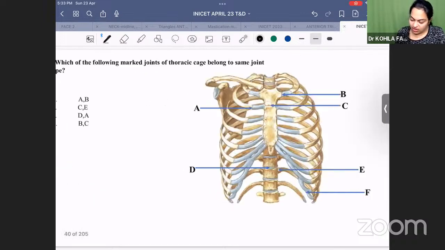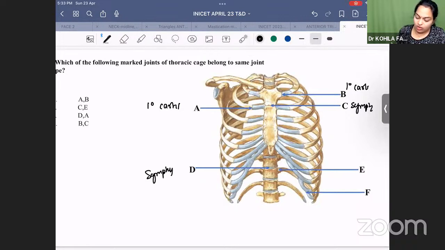So here, A is again a primary cartilaginous joint. B, I told you, primary cartilaginous joint. C is secondary, symphysis. D is again symphysis, but in the options we didn't have B and D, right? I mean, yeah, C and D.